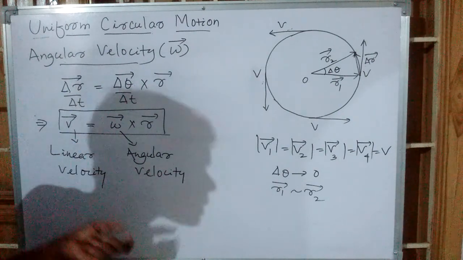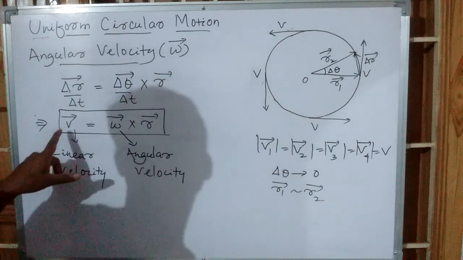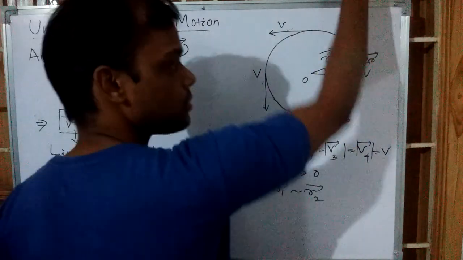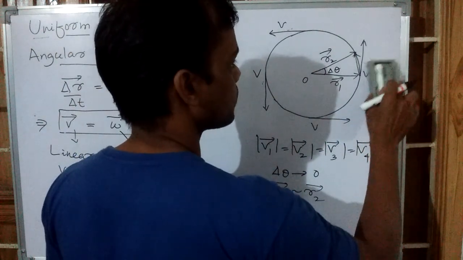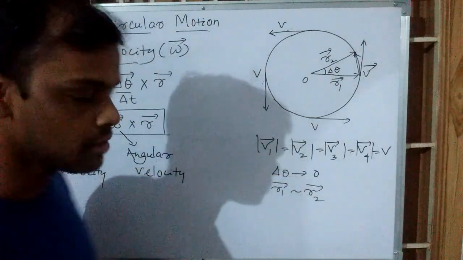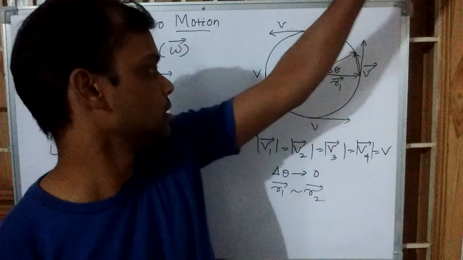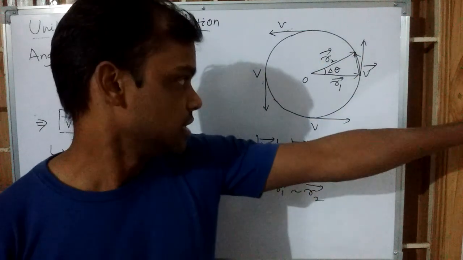Omega is a vector. Again, what is the direction of omega? We already know v is along the displacement, yes or no? So now I will write here v. We have already written here, so I will put a vector sign here because v is pointing in this direction. Now r is towards the east.